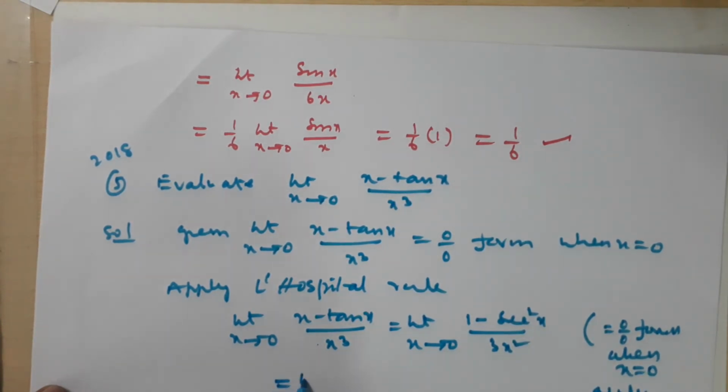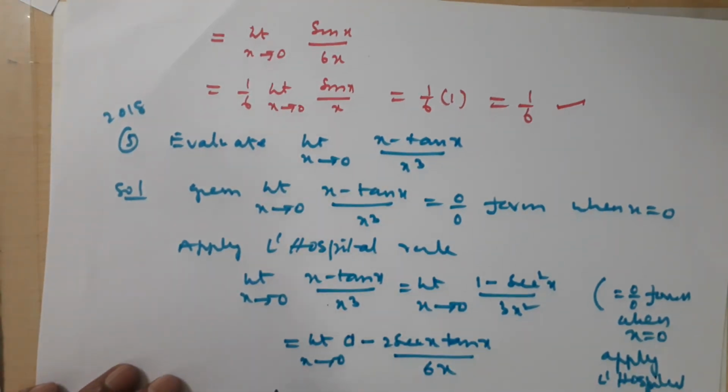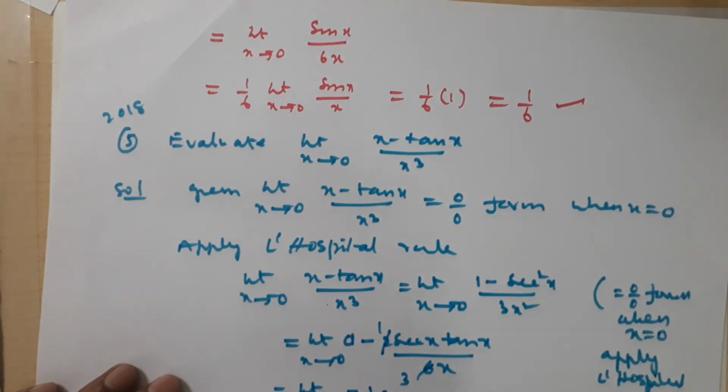This is equal to limit x tends to 0 of (1 minus, that is 0 minus 2 secant x tan x) divided by 6x, which is equal to limit x tends to 0 of minus, 2 ones are 2, 3 twos are 6, so 1 by 3 into secant x into tan x by x.